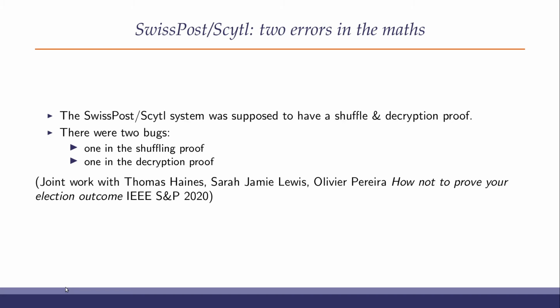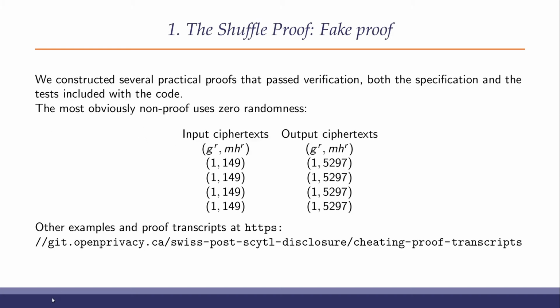Well, we found 2 errors in the maths. It was supposed to have a shuffling proof and a decryption proof, and there were 2 bugs, one in the shuffling proof and one in the decryption proof, and both of them completely broke the fundamental security goals of the system. The bug in the shuffling proof related to a trapdoor in the use of commitments.